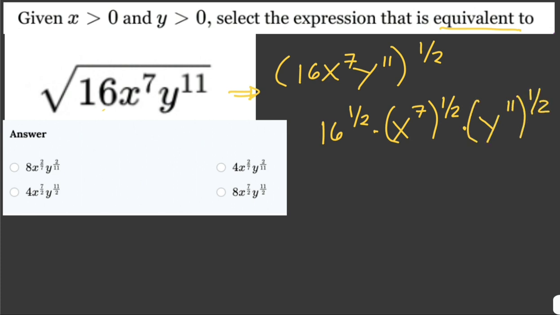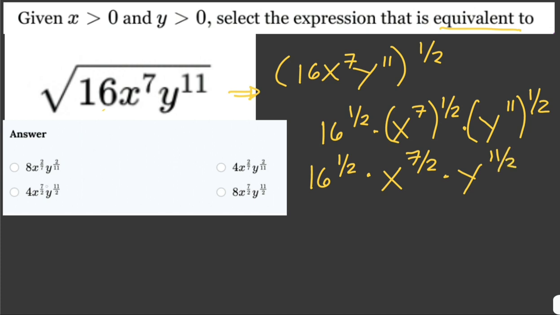And then we apply the power rule from the properties of exponents. So let's copy 16 to the 1/2 first, times x to the 7th to the power of 1/2. So we multiply 7 and 1/2. So this is just x to the 7 over 2. And then times y to the 11 times 1/2. So this is just y to the 11 over 2.